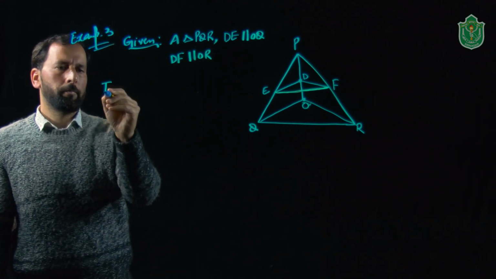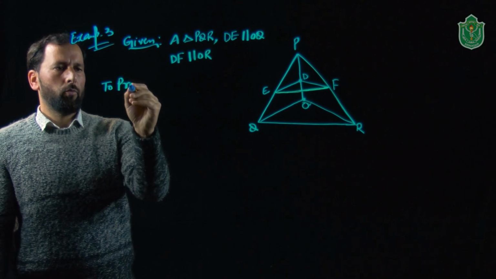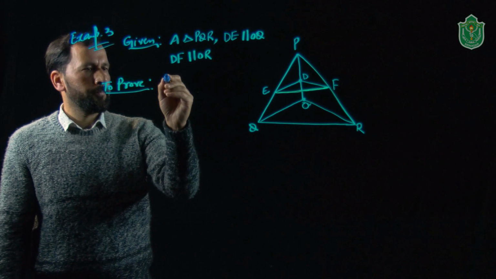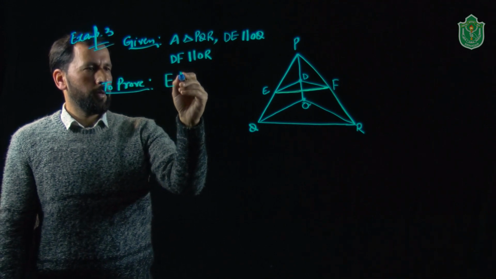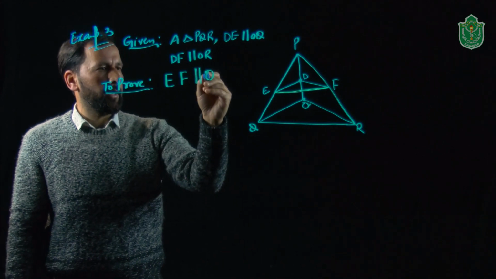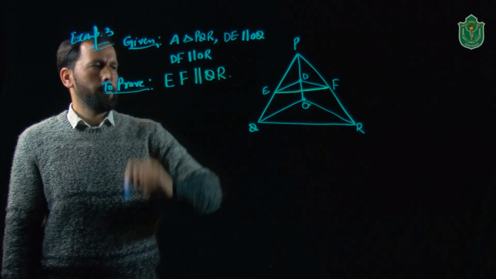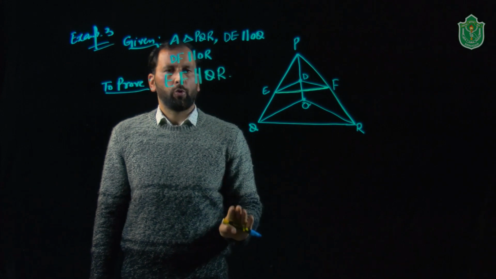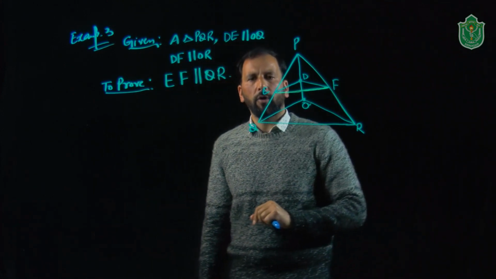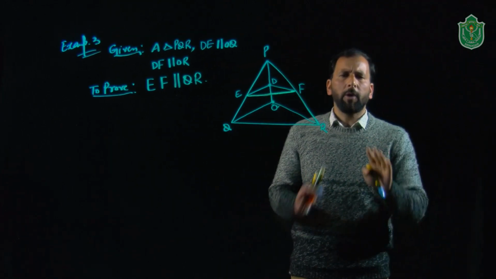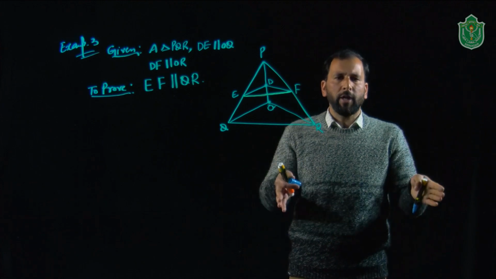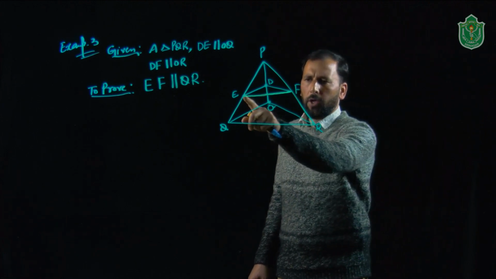Then to prove, we have to show that this EF line is parallel to the QR side of triangle PQR. We know by the converse of basic proportionality theorem, if a line divides two sides of a triangle in the same ratio, here we have the line EF.